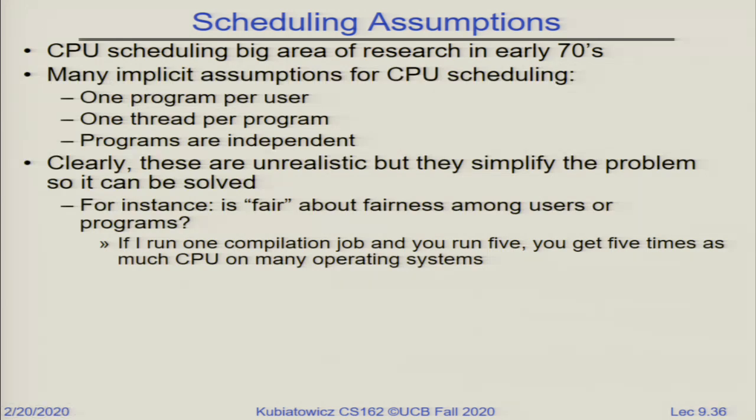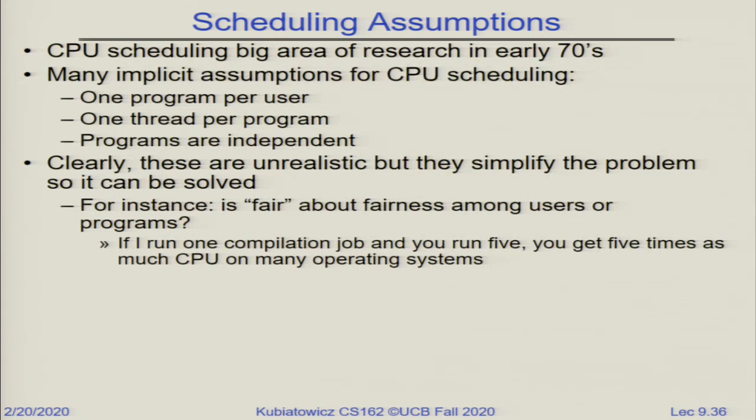Like, for instance, maybe I can actually ask the question of what is fair? If I have a bunch of user programs running and I want them to have fair access to the CPU, what does that mean? Okay, well, if there's only one thread per program, maybe I give each of them an equal amount of CPU time, and suddenly that's fair. Okay?